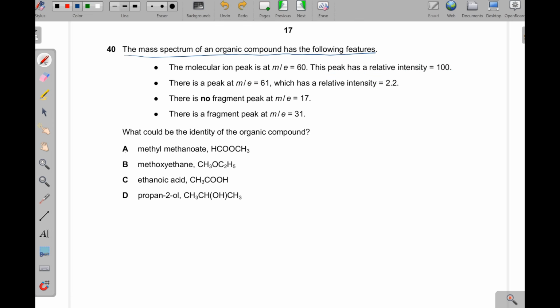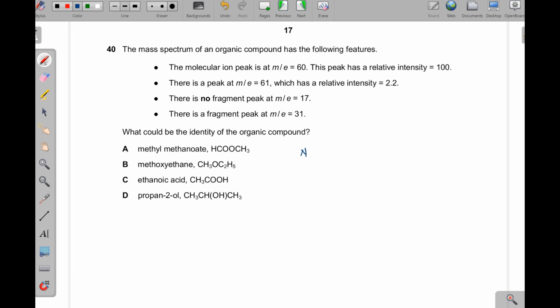The moment they give you these relative intensities and the values of the masses of the peaks, you are supposed to use this formula here. We use it when we are finding the number of carbon atoms.